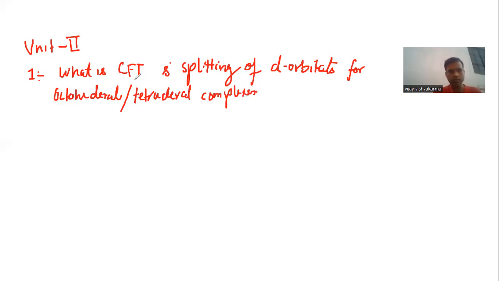Here the CFT and its application have 4 weightage and splitting of d orbitals will have 6 weightage. And I think this is the easiest question from unit 2.